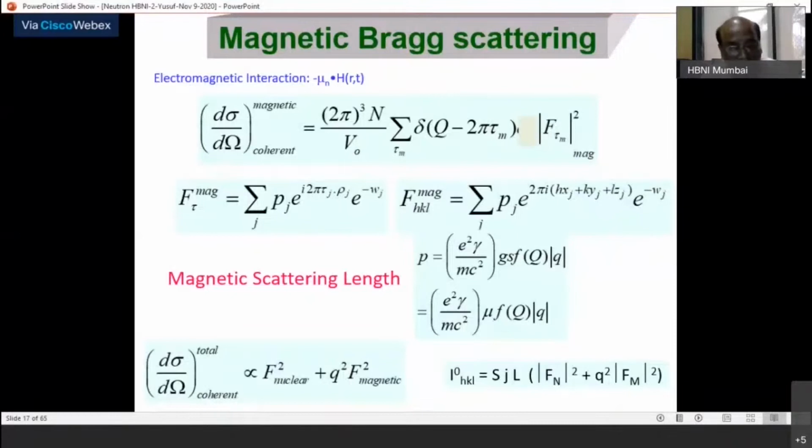Now, one more thing I brought in without giving details. Neutron is a spinor particle. So the incident beam which falls on the sample can have both states with equal probability: out of 100 neutrons, 50 with spin projection up and another 50 with spin projection down.